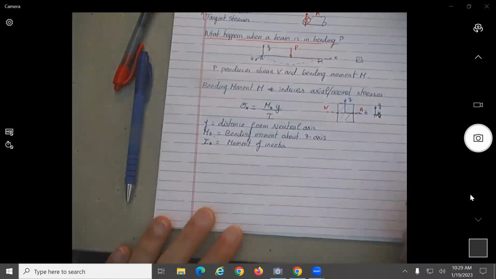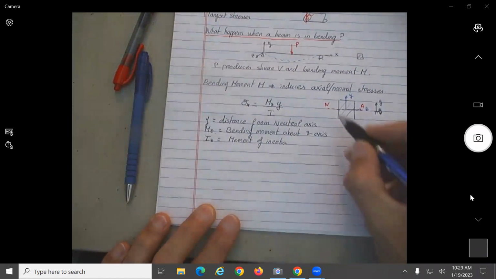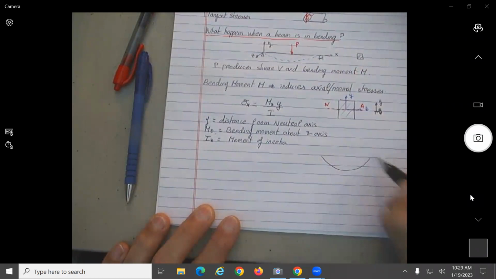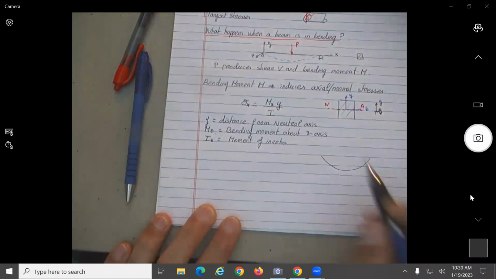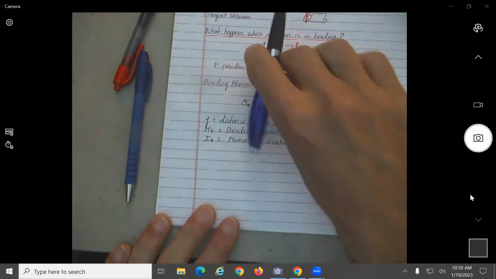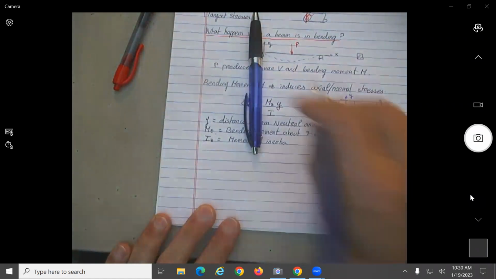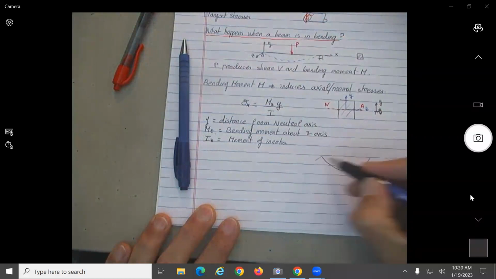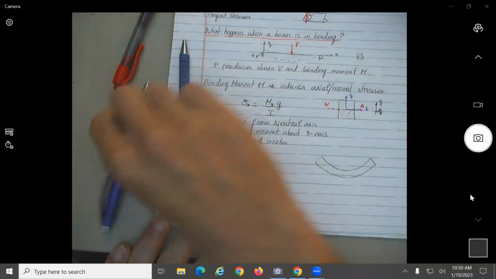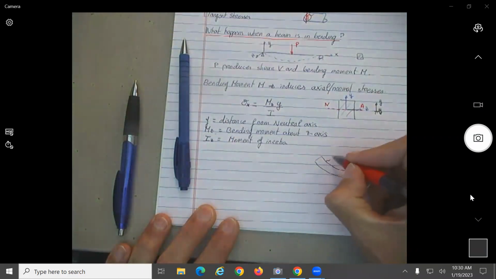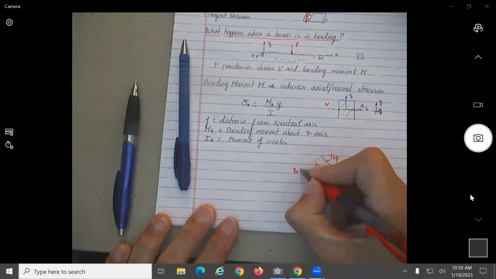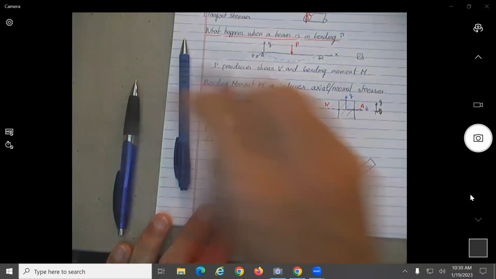Okay, then what else? Since we were discussing this stuff, this is going to bend in this direction. No, the beam is bending down. All right. So if you want, this will be the top of the beam. Let me do it this way. So this is the top of the beam. It will be the bottom.